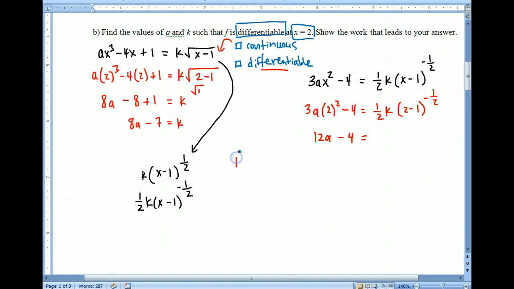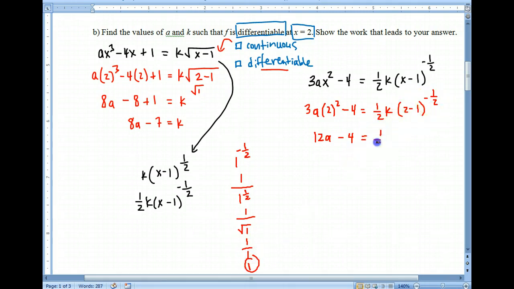Okay, let's try this. 1 to the negative 1/2 is the same thing as 1 over 1 to the 1/2, which is 1 over square root of 1. Square root of 1 is 1, so it's just 1 over 1, which equals 1.